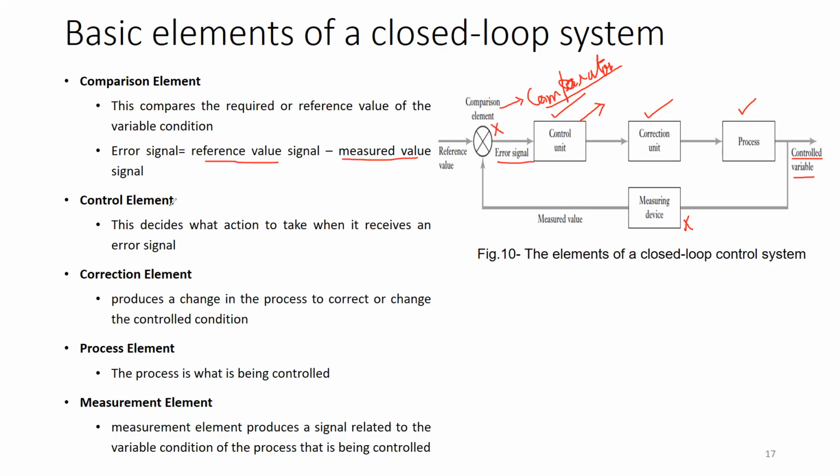Control element: यहाँ पे हमारा decision होना है whether to do something or not to do something. This decides what action to be taken when it receives the error signal. ठीक है, तो यहाँ पे एक error signal generate होगा, यहाँ पे decision, this is a decision point.